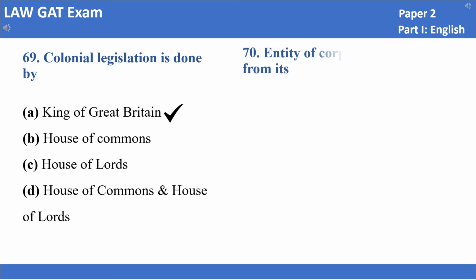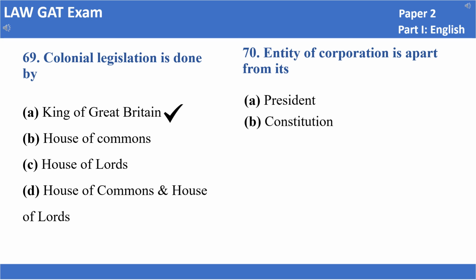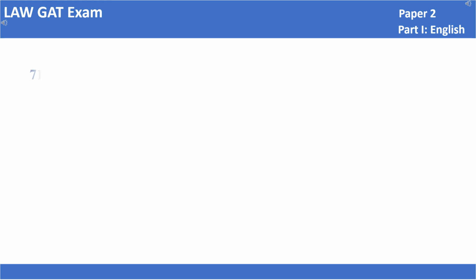Entity of corporation is apart from its option A, precedent, option B, constitution, option C, chairman, or is it option D, members? The correct answer is option D, members.